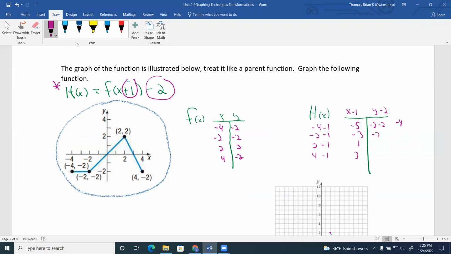We have a -2 lose 2. That makes a -4. We have a 2 lose 2. That's going to be a 0. And we have a 4 lose 2. That's going to be a 2. So my new ordered pairs are going to be -5, -4, -3, -4, and 1, 0, and 3, 2.